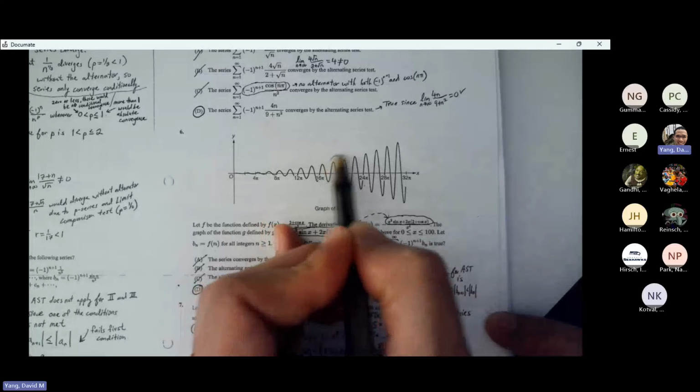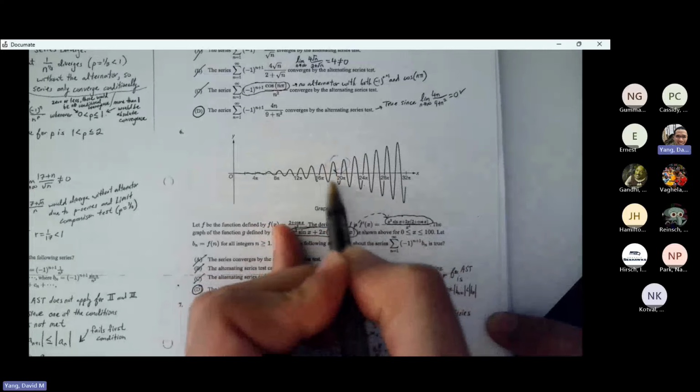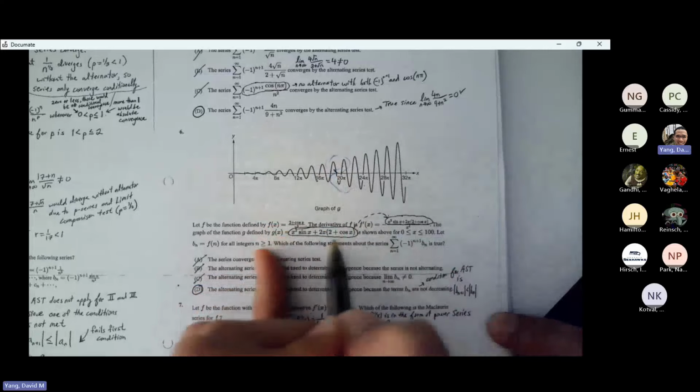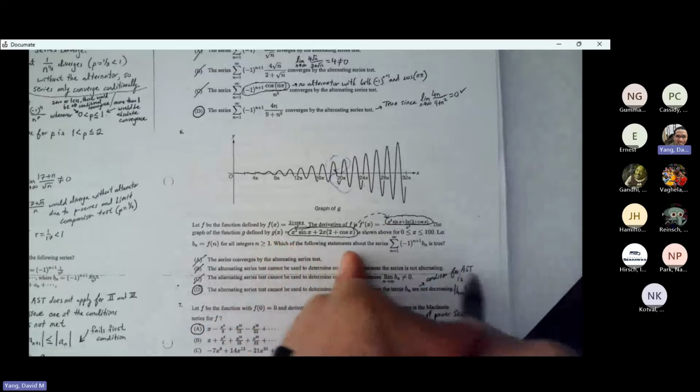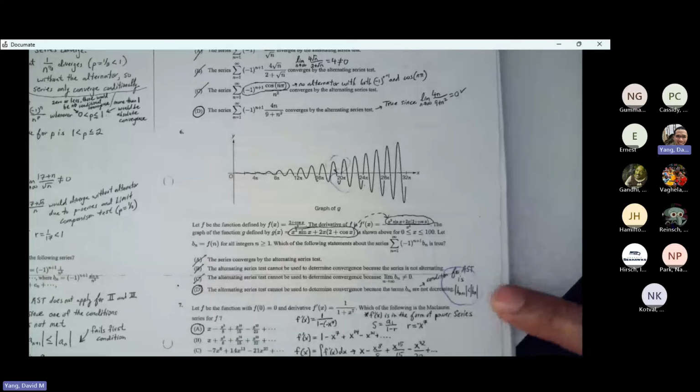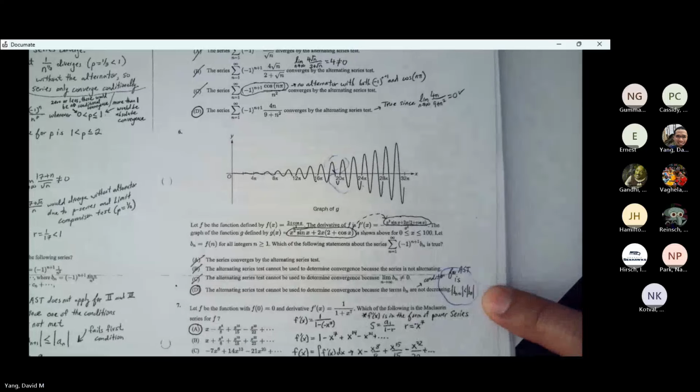So the fact that I have a positive slope followed by a negative slope, because of the positive and negative values, it's causing this condition to break down. Okay, so like when it's oscillating, there's no trend as in increasing or decreasing.